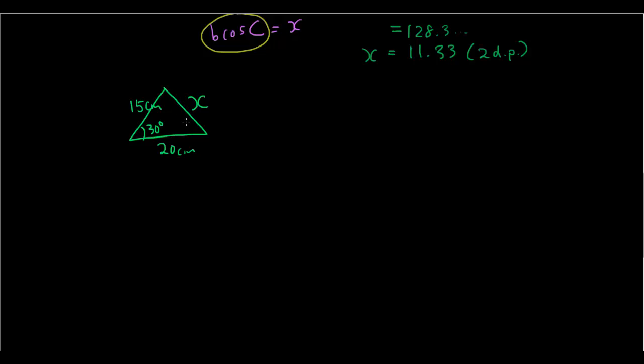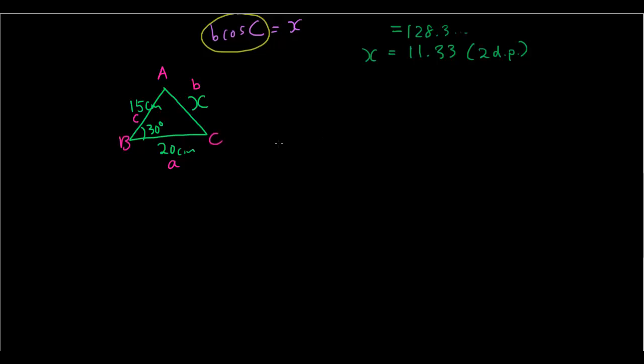Come back when you're done. Okay, so what you can do is label the sides again using A, B, and C. I'm going to label the sides little b, little a, little c, and then you can write out the cosine rule.